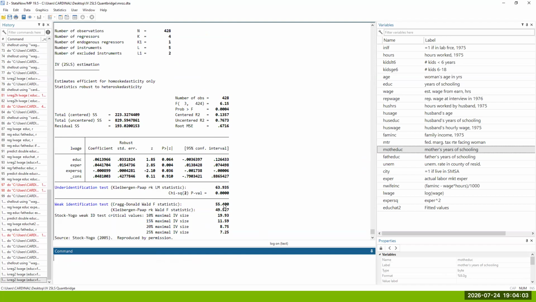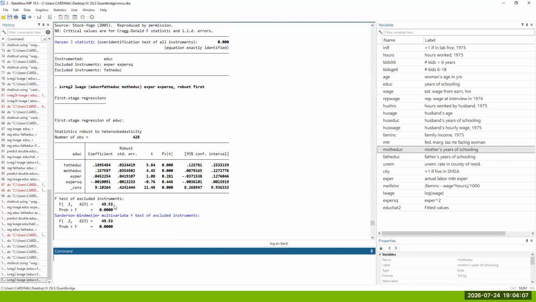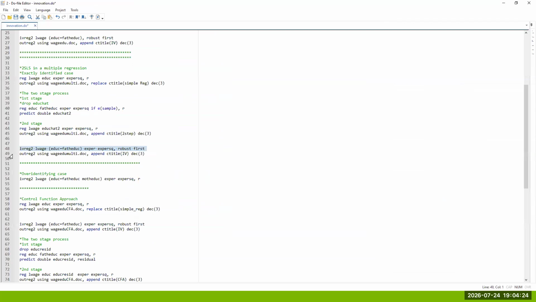The good thing is, because we added that, if I scroll up, my first stage regression is here. Now that you have this, you have to report these two. Since we have more time, let me outreg the outcome.